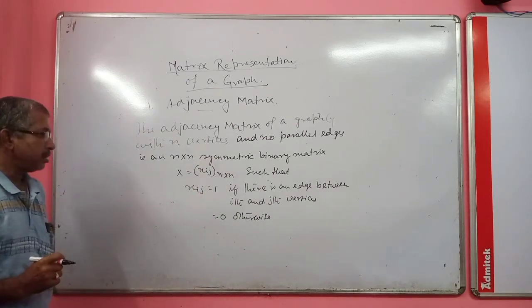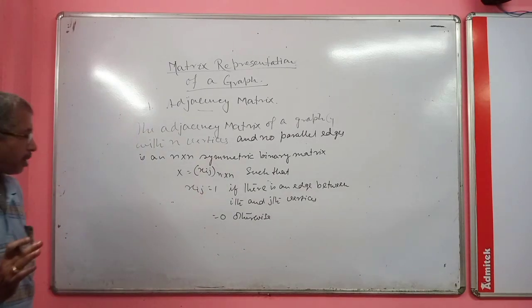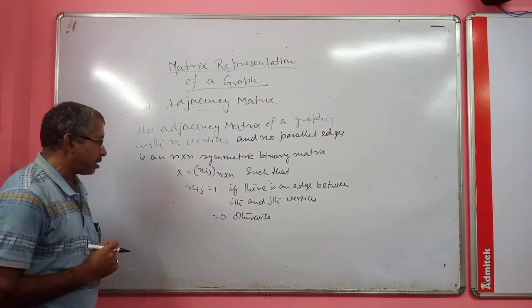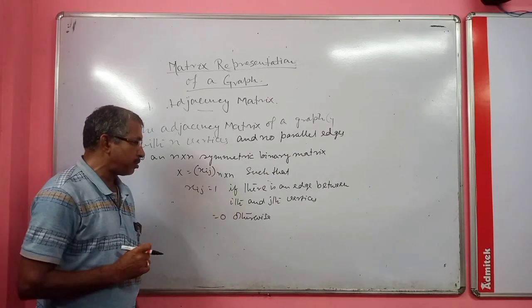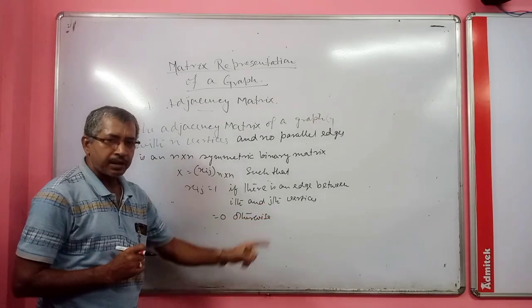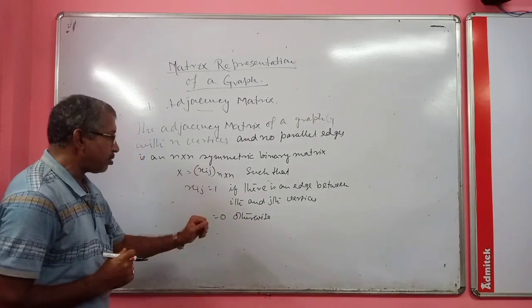Xij is an n by n symmetric matrix such that Xij equal to 1 if there is an edge between ith and jth vertices and 0 otherwise.